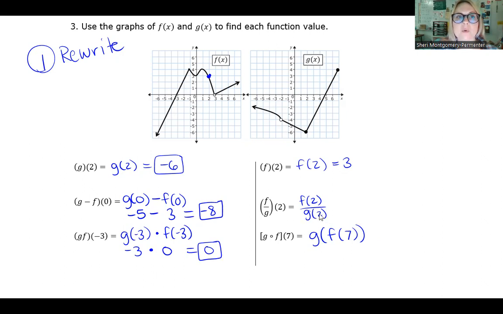For this one, we already know f of 2, because we just figured it out. We said that it's 3. We also know what g of 2 is, it's -6. What is 3 over 6 reduced to? So we get -1/2. For the composition, we've got to work from the inside out. The first thing I'm going to do is figure out what is f of 7.